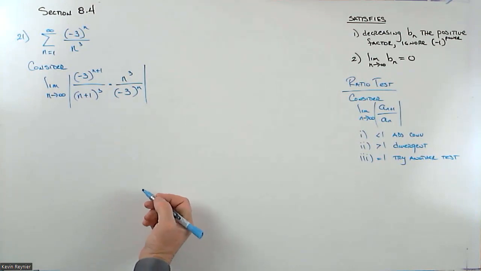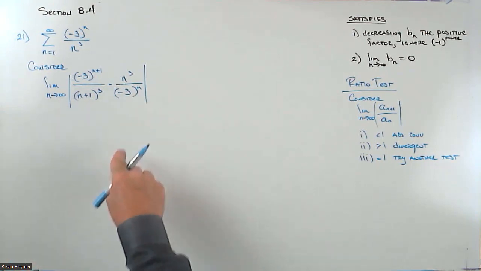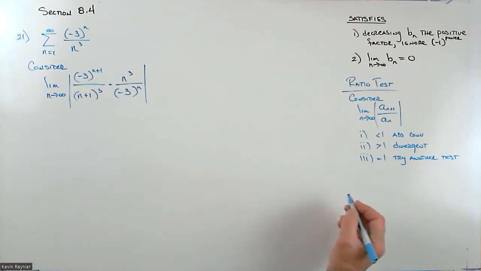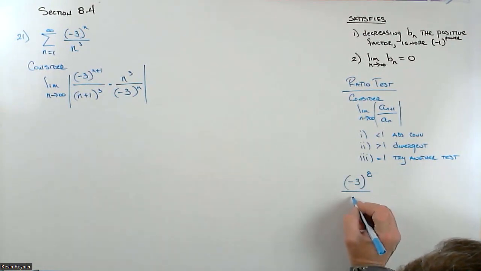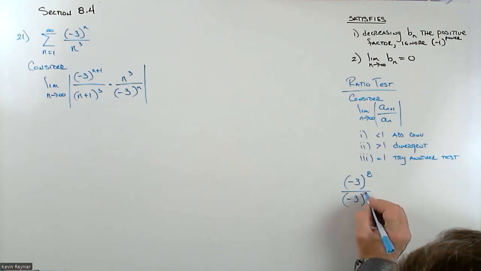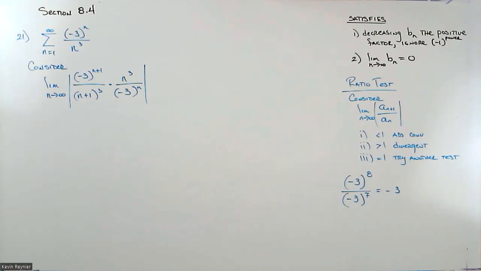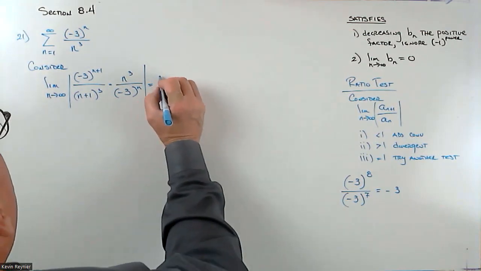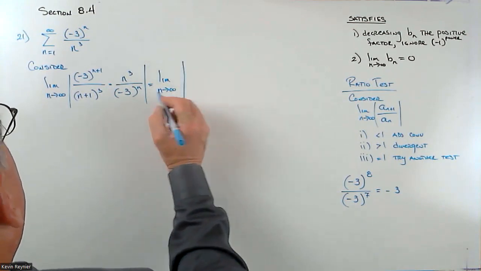Now remember, negative 3 to the n plus 1 is one more negative 3 than negative 3 to the n. Right? I mean, negative 3 to the 8th and negative 3 to 1 less than that is just one negative 3. So this equals the limit as n goes to infinity.